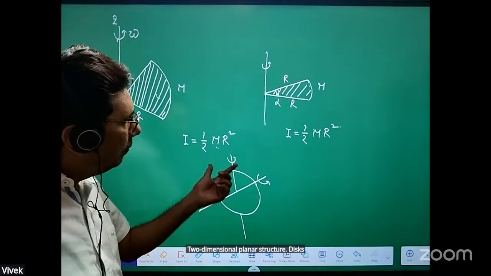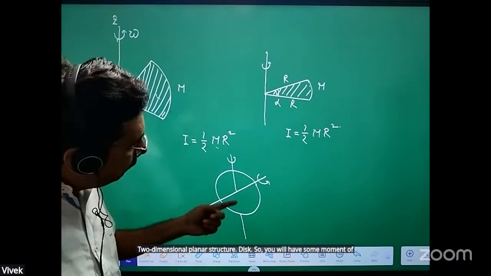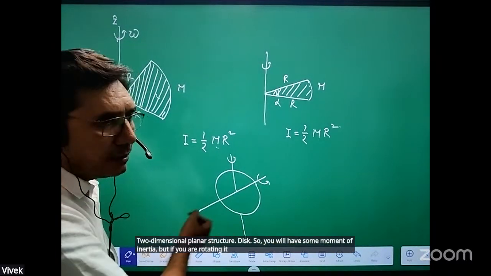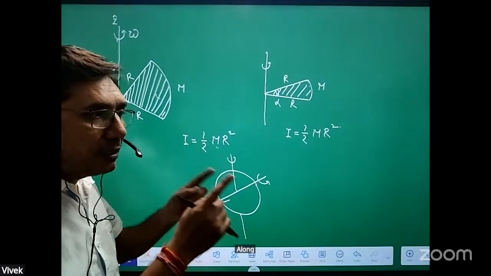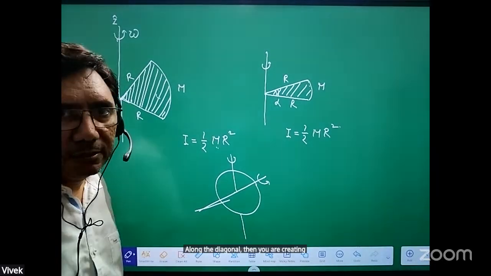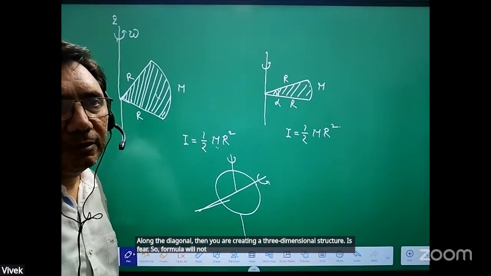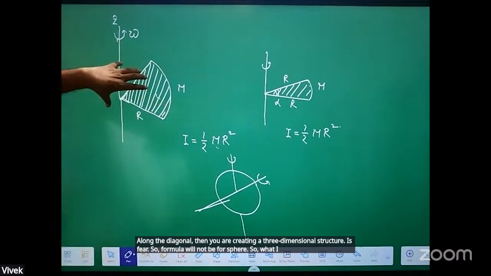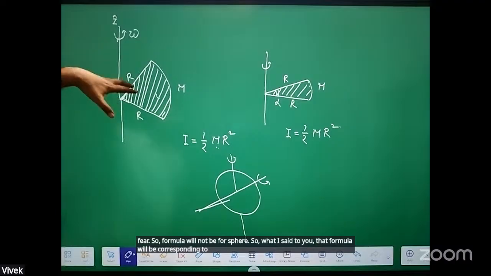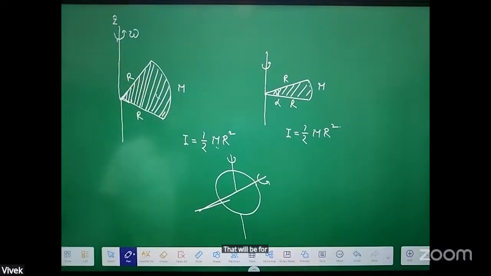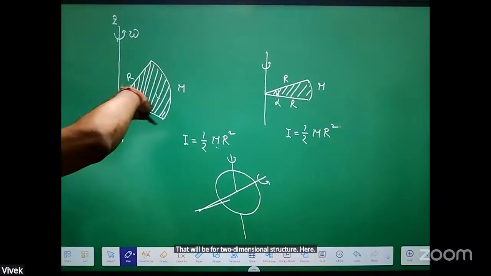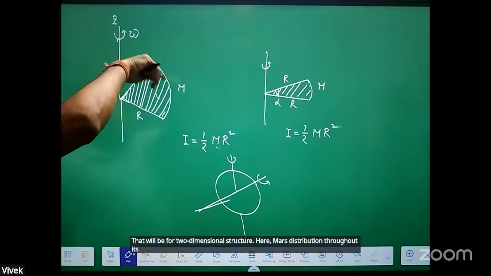So you will have some moment of inertia, but if you are rotating it about this axis along the diagonal, then you are creating a three-dimensional structure, sphere. So the formula will not be for a sphere. What I said is that the formula will correspond to the plate, that will be for a two-dimensional structure. Here, the mass distribution throughout its motion will be two-dimensional.